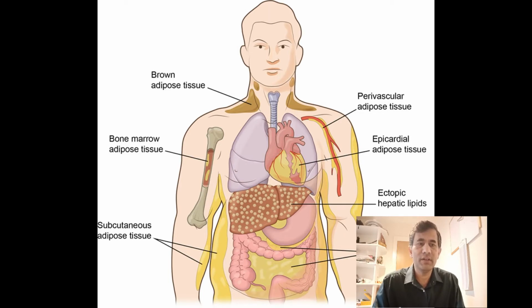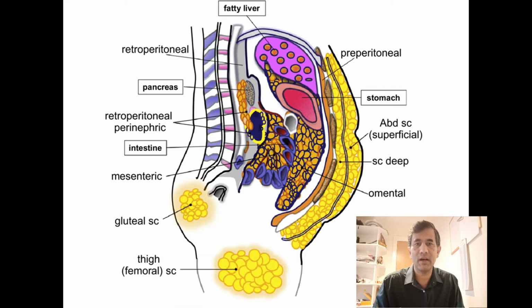So every organ in the body, liver, pancreas, kidney, intestines, heart, they have fat around them, fat pads, especially kidneys have got fat pads. And the cells of this tissue are filled with fat globules. If you look at the human body, about 20 to 25% of the body weight is due to fat. It varies. In some people it is more fat, in some people it is less fat.